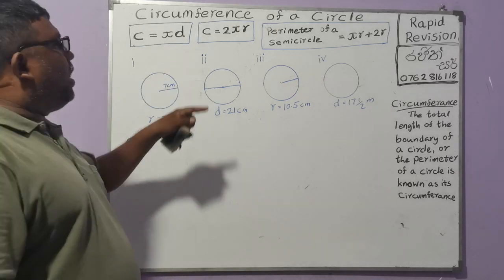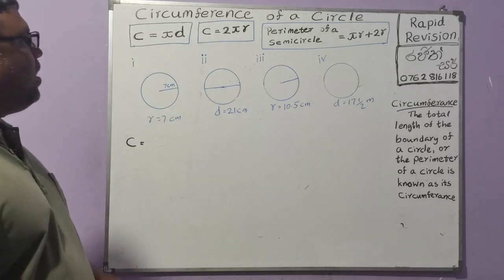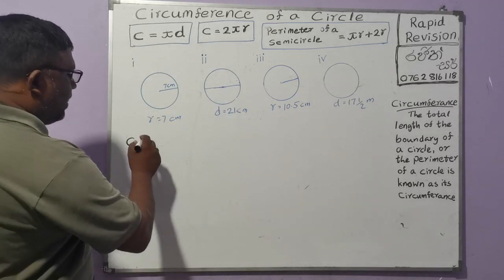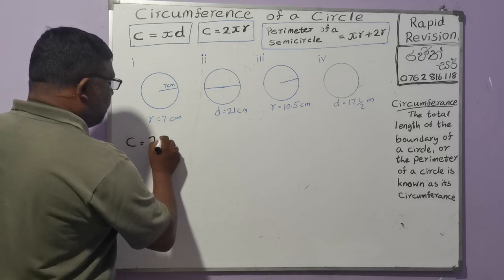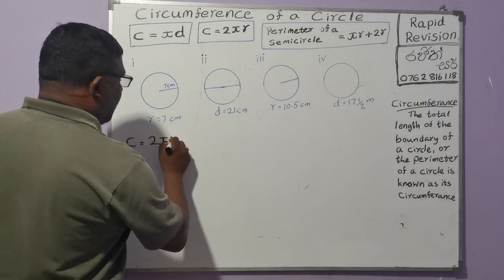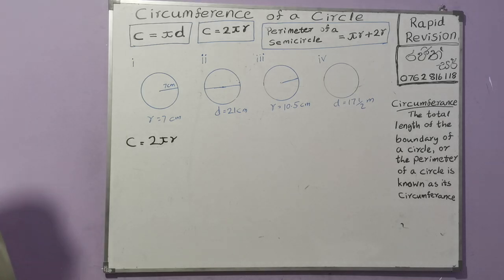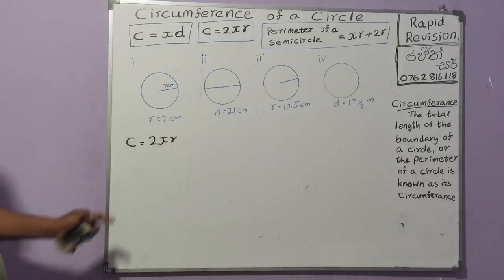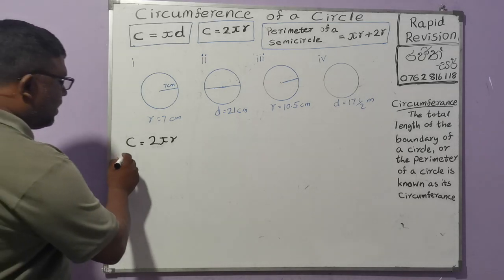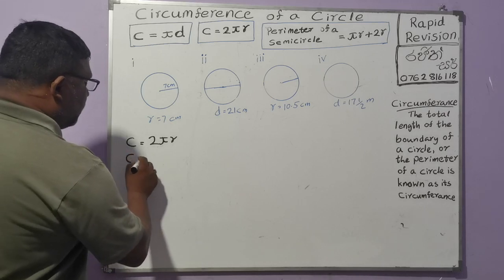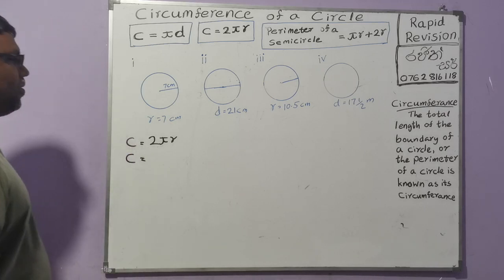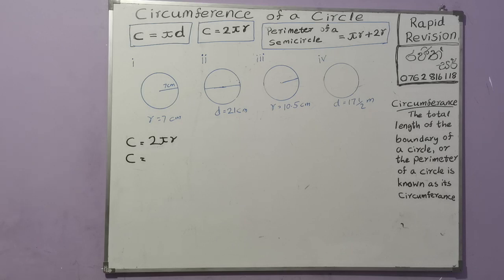That is C equals 2 pi r. Then it is easy. You just substitute the values for pi and r.